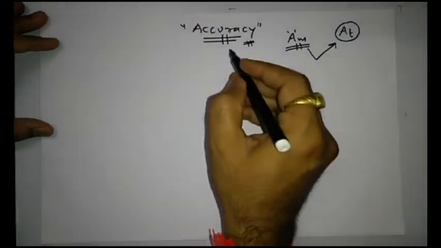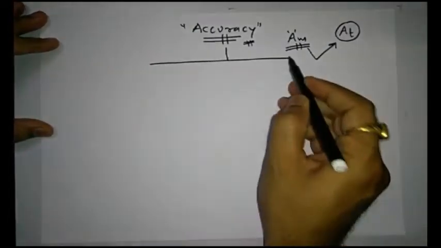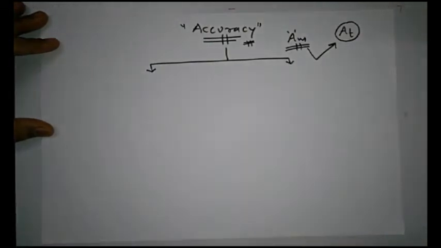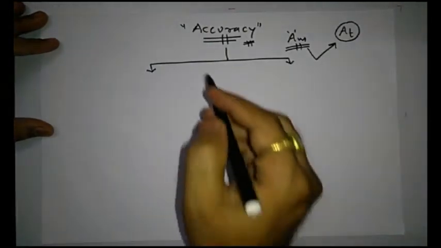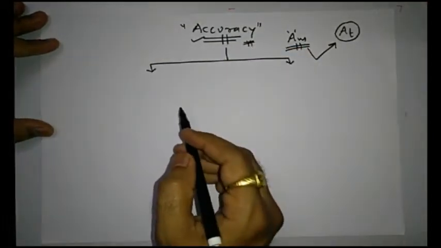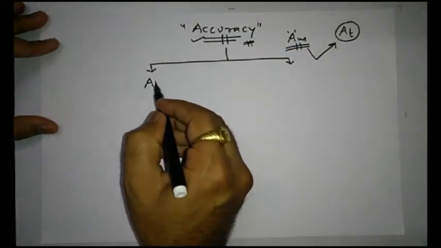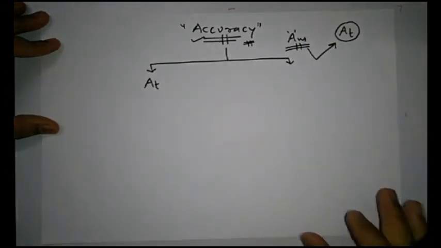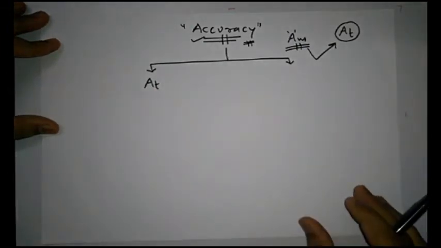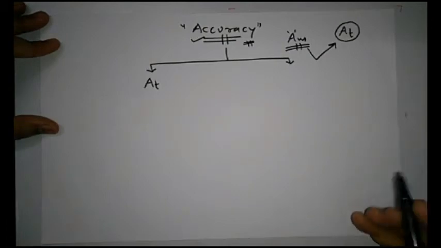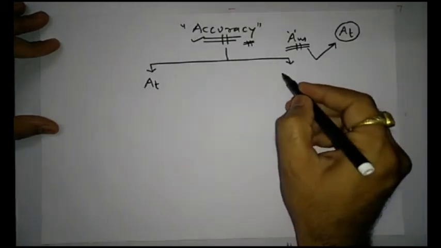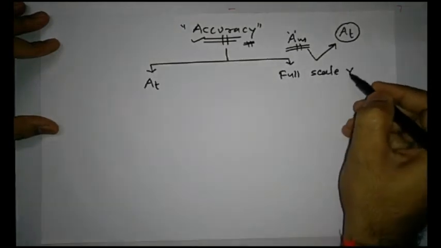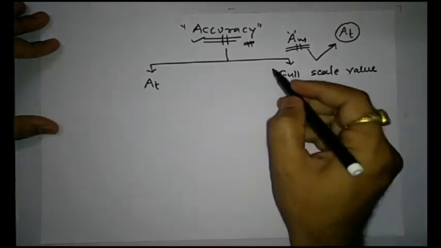Now the accuracy of any instrument we can define by two techniques. In first case we are trying to define the accuracy of instrument in terms of its true value, that is AT, and in second case, or you can say in some cases, we can define the accuracy of the instrument in terms of its full scale value, or you can say full scale deflection.